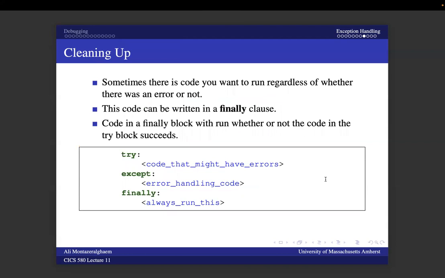And finally, we can have another clause on try except, which is the finally. Sometimes there is code that you want to run regardless of whether there was an error or not.